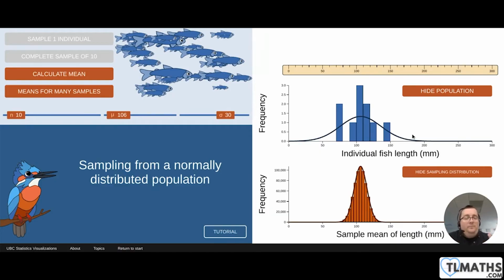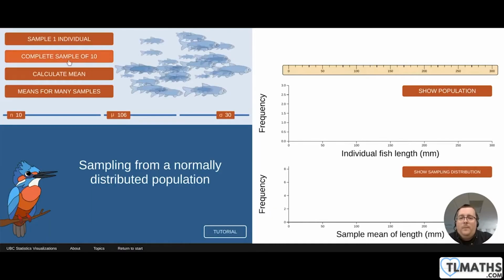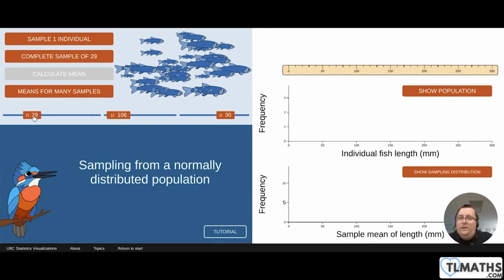Okay, so if I changed this, so let's refresh, and I'm going to change the sample size this time to, let's say 30. So each sample I now take has 30 fish in it.